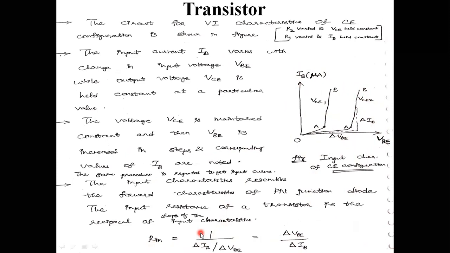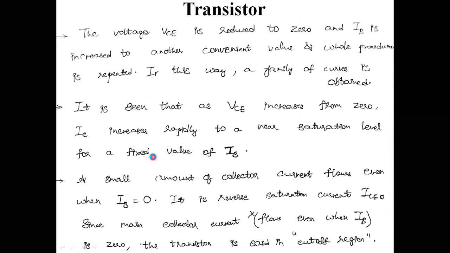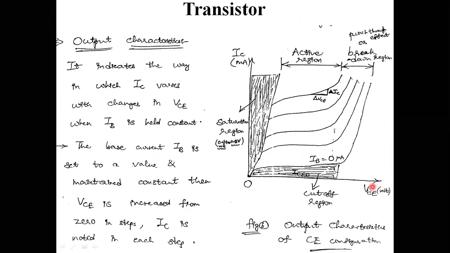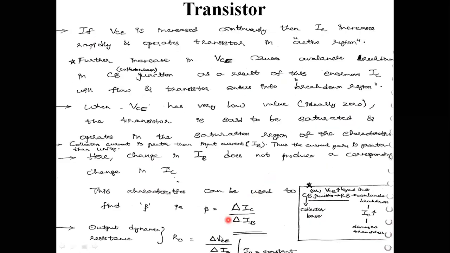Like that, I obtain the input resistance here. We are combining all the parameters and obtaining one resistance value. That resistance value from the input characteristics is one parameter, and that parameter is input resistance. And in the output characteristics, I take the change in VCE as well as the change in IC, and by taking these two terms I get the output resistance here.